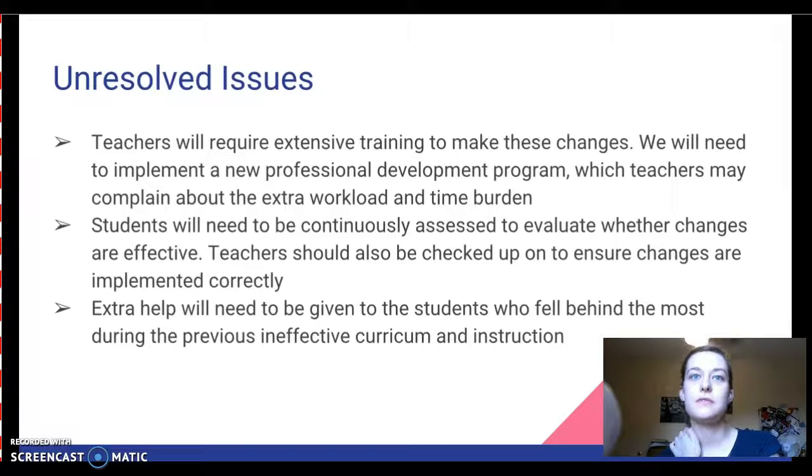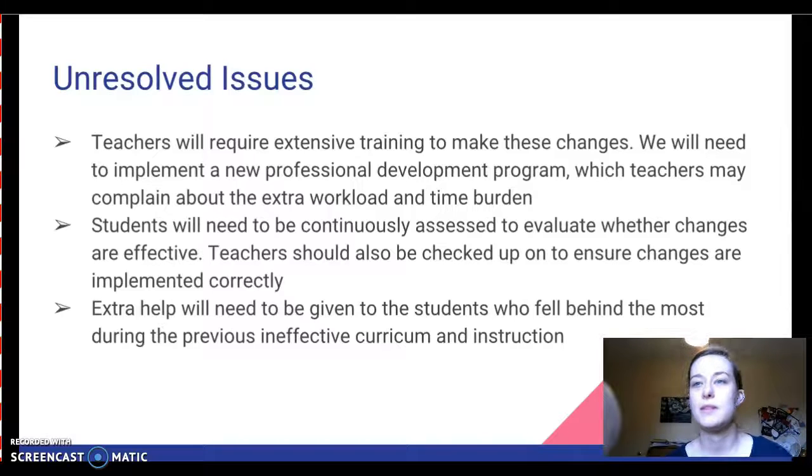Some unresolved issues I thought of. The teachers are going to need a lot of training to make these changes, because a lot of them might be new to them, or they just haven't had practice using them. So we would need to implement a new professional development program.